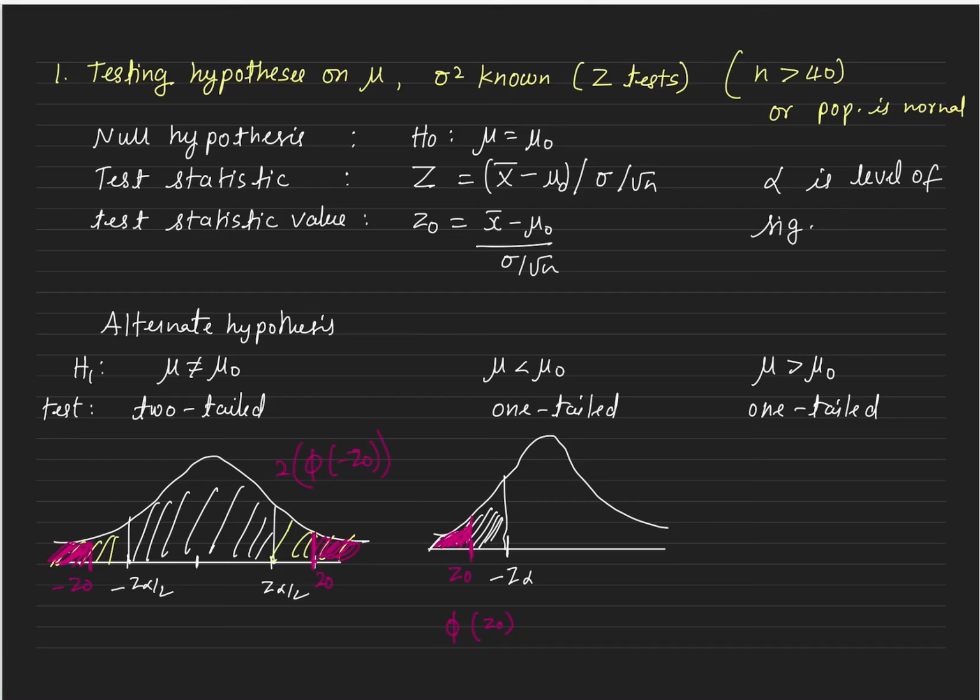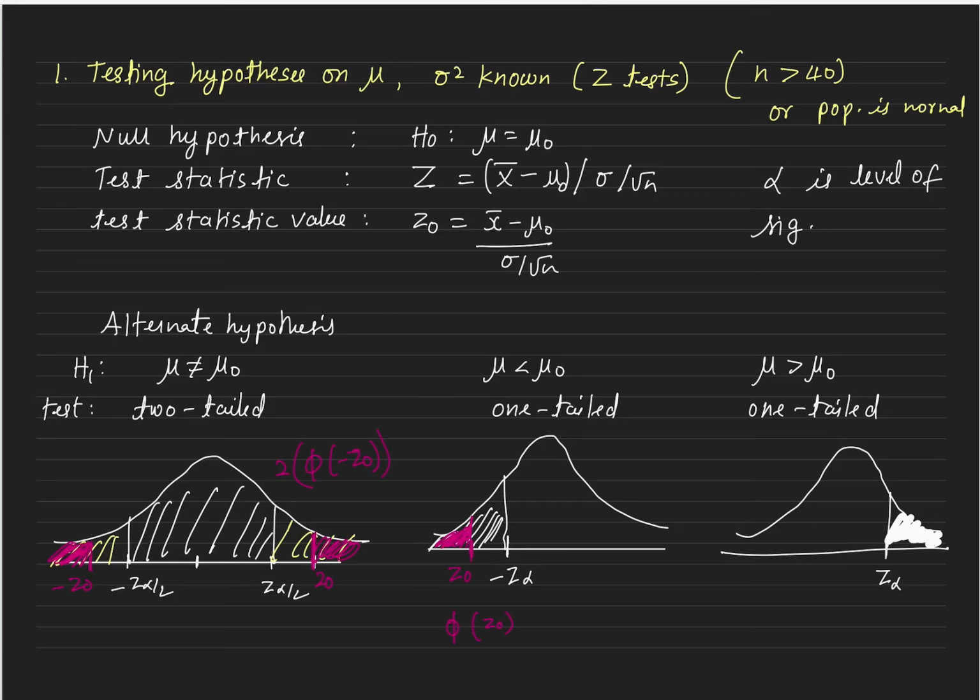And next is mu greater than mu naught. We reject this null hypothesis when sample mean is significantly larger than mu naught. In this case, critical value is Z alpha, if alpha is level of significance, because the area covered by this region is alpha, and this is a critical region.